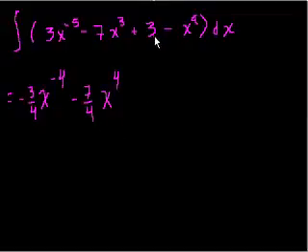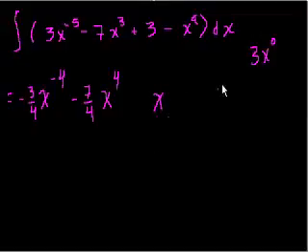And now, this is interesting. Well, 3, just 3. How do we apply this? Well, isn't 3 the same thing as 3 times x to the 0, right? Because x to the 0 is just 1. And that's how you should view it, and it shows you that this rule is actually very consistent. So what's the antiderivative of 3? If we view 3 as 3x to the 0, we raise the exponent by 1, so now we're going to have x to the 1, and x to the 1 is just x, so I'm just going to leave it as an x.